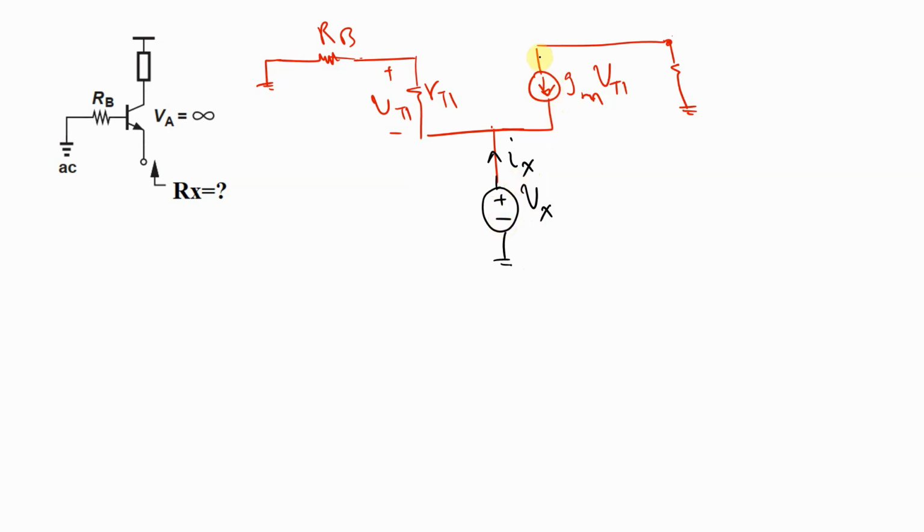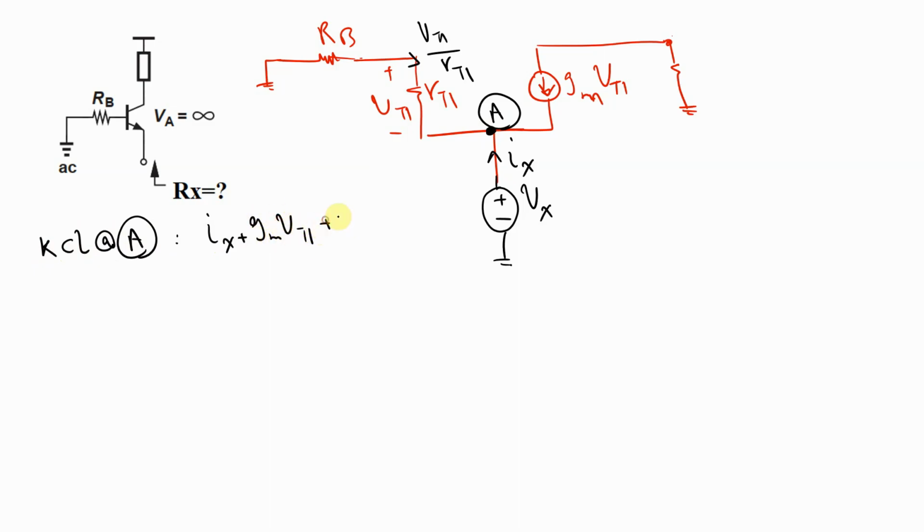So again, here we have V pi divided by R pi for this current, and we can use KCL here in order to calculate the ratio between Ix and V pi. All of these currents are coming into this node. So for example, here we have node A, and use KCL at node A. Ix plus gm V pi plus V pi divided by R pi equals 0.